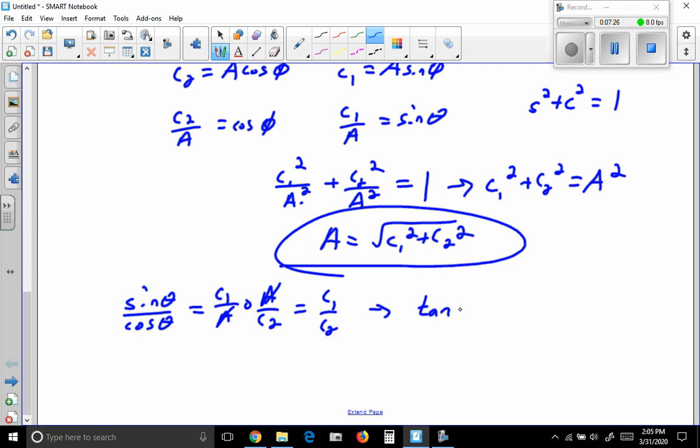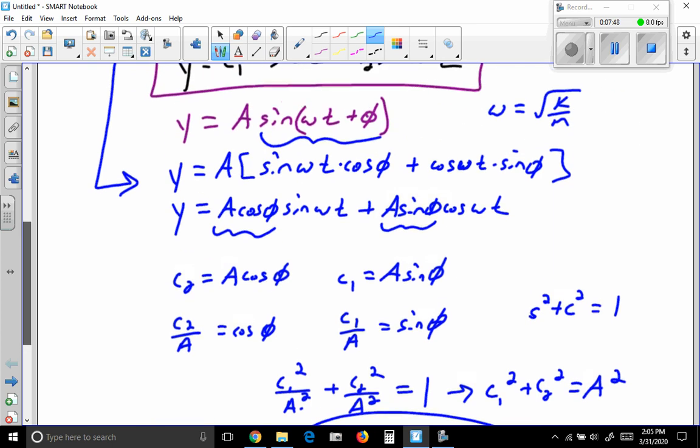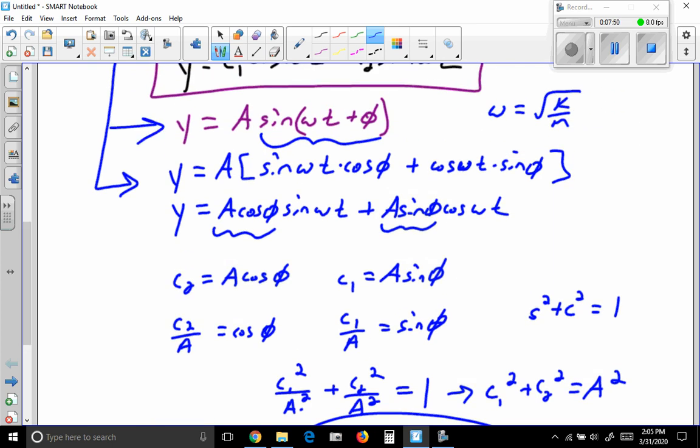So tangent of phi is C1 over C2. So depending on the signs of C1 and C2, that'll help us know which quadrant phi is in. So once we have A and phi, then we have the solution for our particular equation.